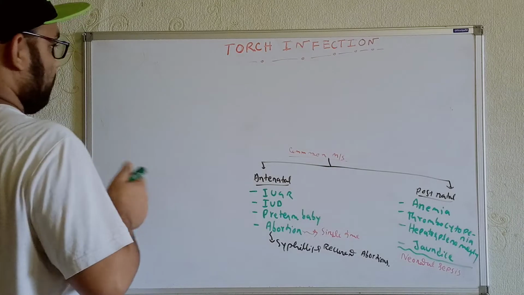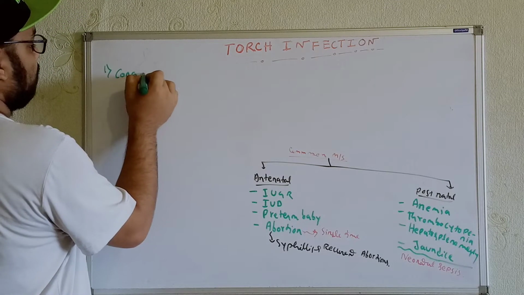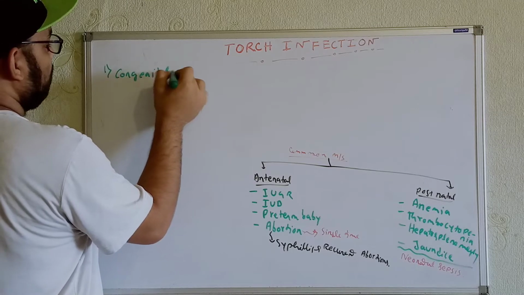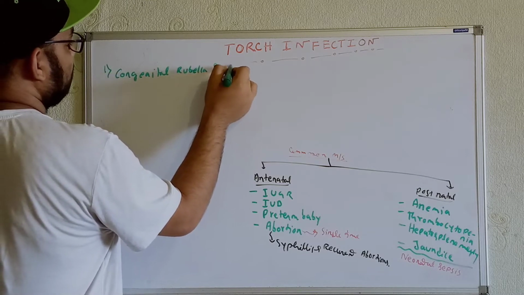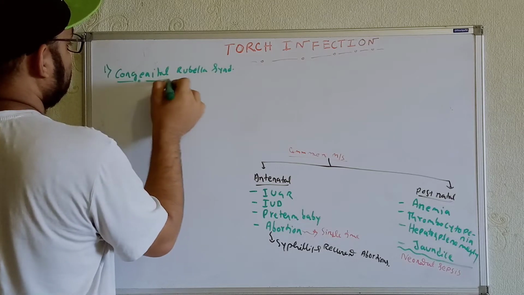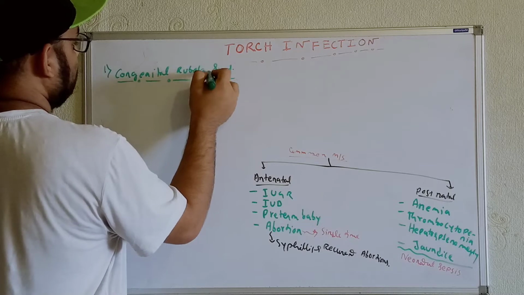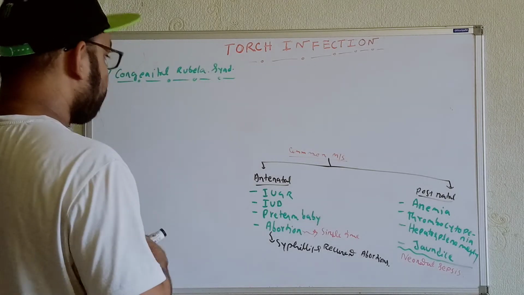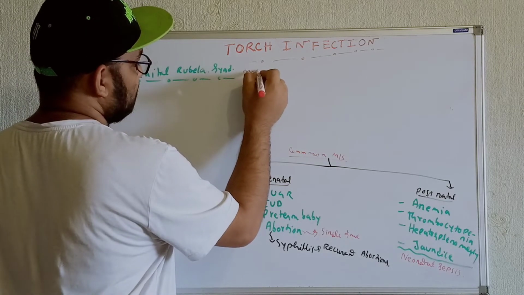Now see, congenital rubella syndrome is the most severe one.